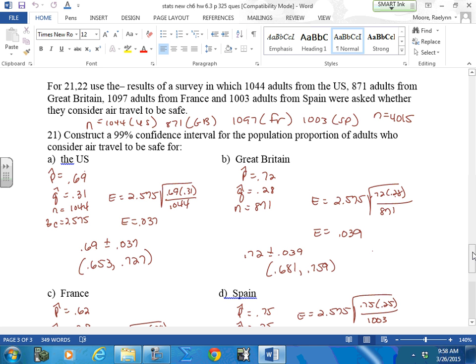Their goal in this was not just having you do this 4 times, but for you to be able to see the answer to 22: that your confidence intervals can overlap. So even though they looked like they were all different, when you lay them all out on a line, they overlap a little bit.